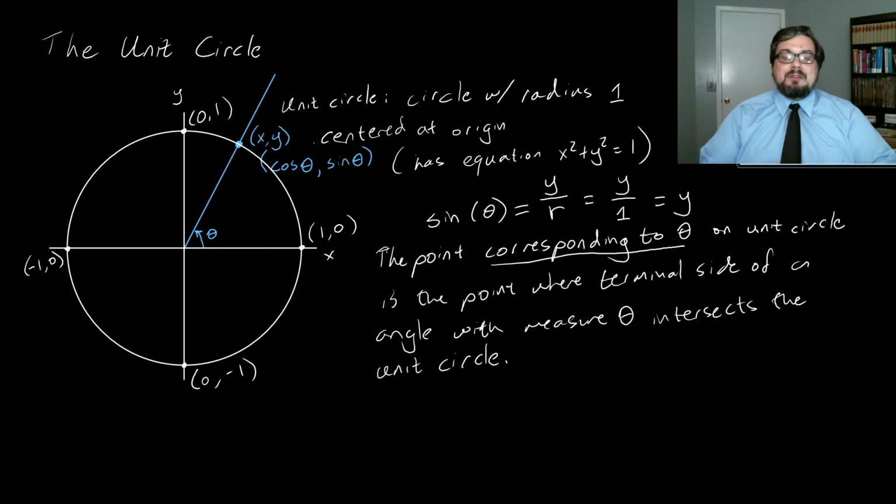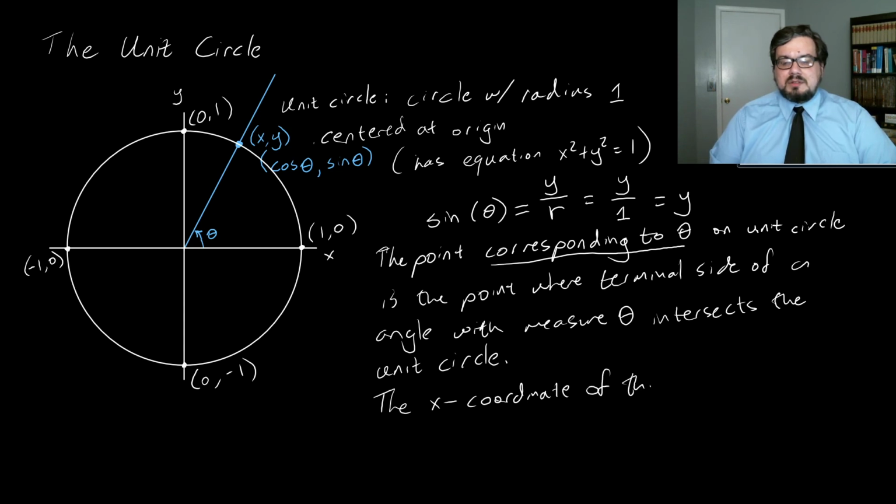We could even have defined the trigonometric functions in this way, using the point where the terminal edge of theta intersected with the unit circle. So the point here, the point corresponding to theta on the unit circle, is the point where the terminal side of the angle with measure theta intersects the unit circle. The x-coordinate of this point is cosine theta.